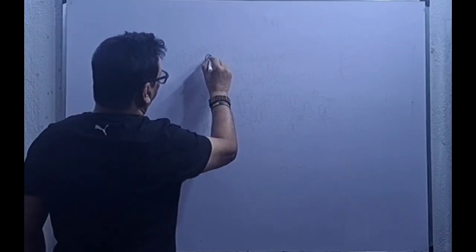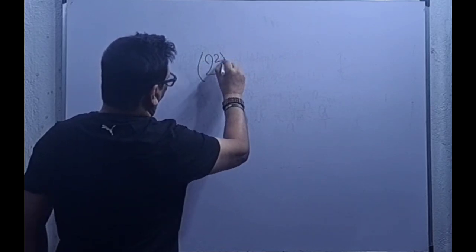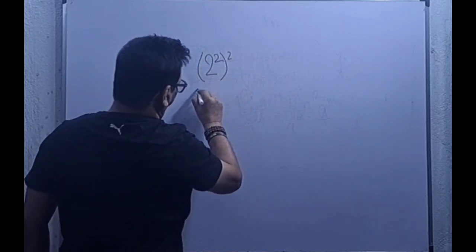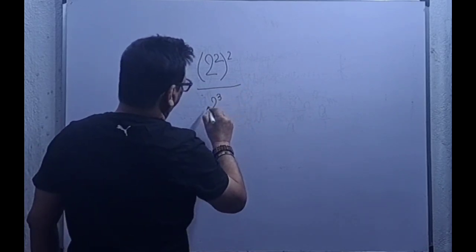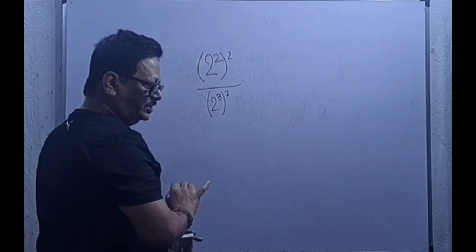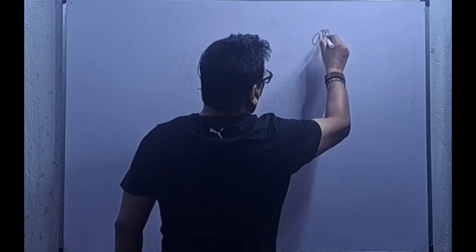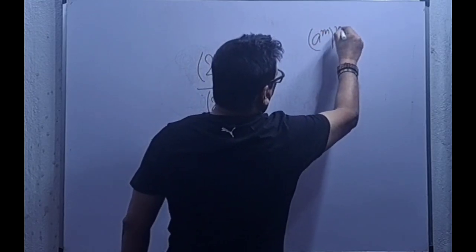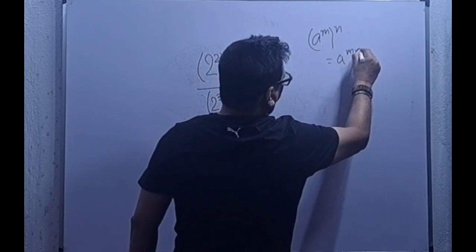Suppose we have 2 to the power of 2 raised to the power of 2 divided by 2 to the power of 3 raised to the power of 2. Correct? First, we applied this rule. A to the power of m raised to the power of n is equal to a to the power of m into n.